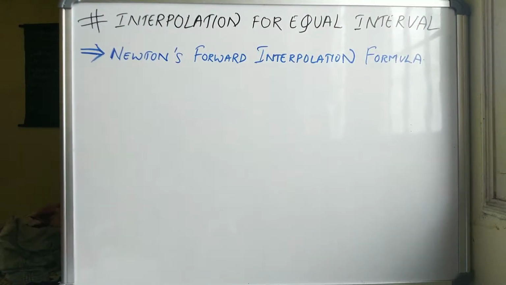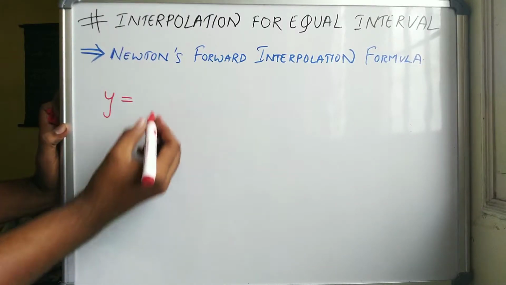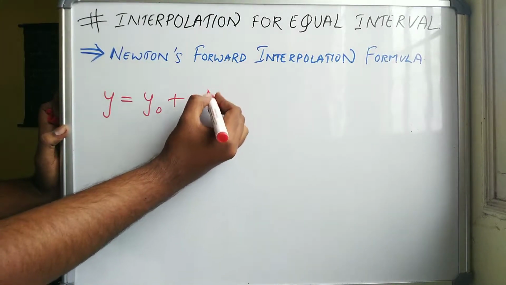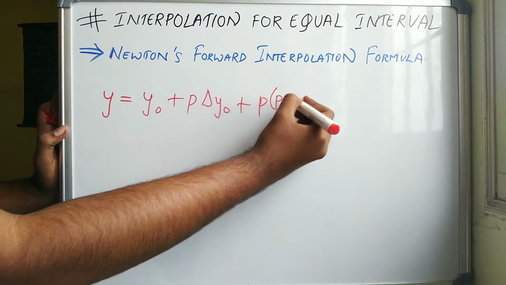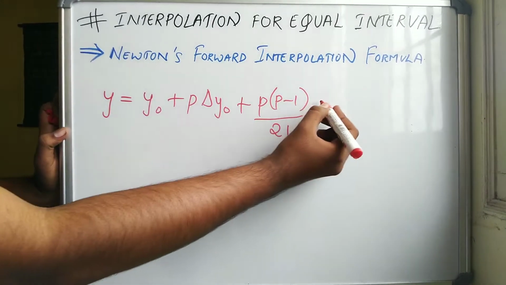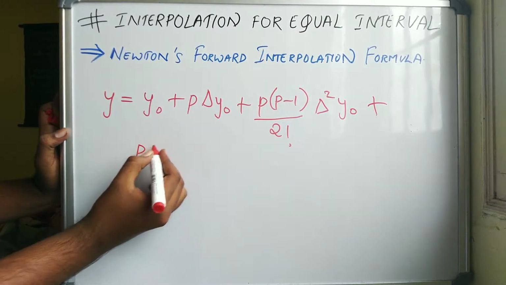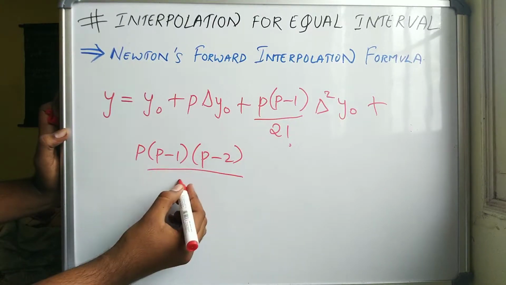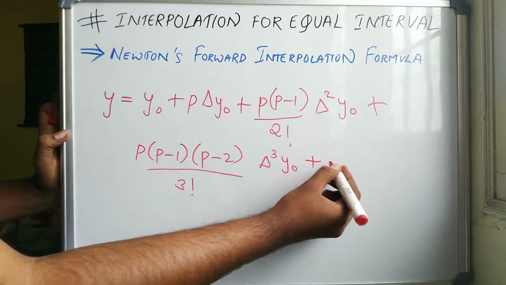Right? So basically the formula is y is equal to y0 plus p delta y0 plus p into (p minus 1) by 2 factorial into delta square y0 plus p into (p minus 1) into (p minus 2) by 3 factorial into delta cube y0 plus so on.